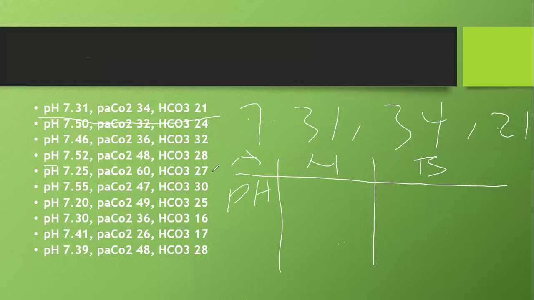With the bicarbonate, 21, that one is acid, so it's acidosis, and it's metabolic because of the bicarbonate. The carbon dioxide is not fully compensating because the figure is below 35. So that is why I got metabolic acidosis partially compensated.